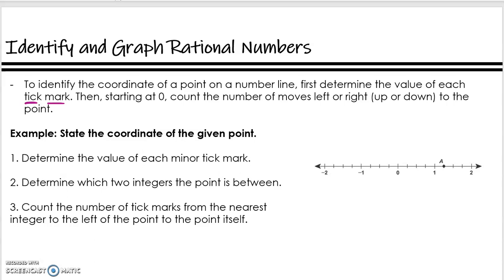Between 0 and 1, there's 3 tick marks, but 4 spaces, okay? So the number of spaces is always going to be one more than the number of tick marks. So that means that if I take a whole and I divide it by the 4 sections, each tick mark is a fourth, okay? So this would be 1/4.